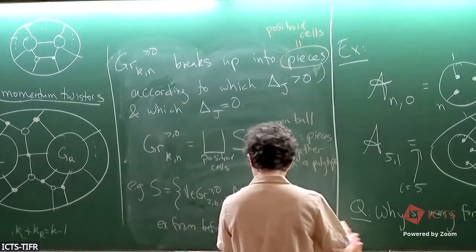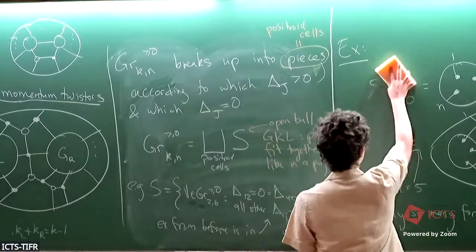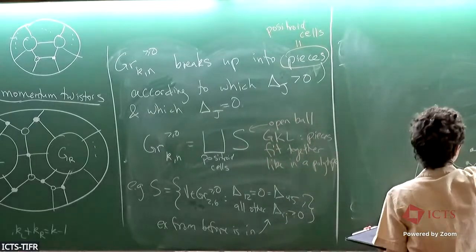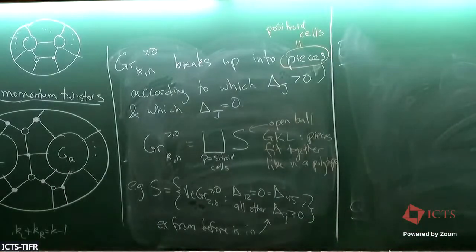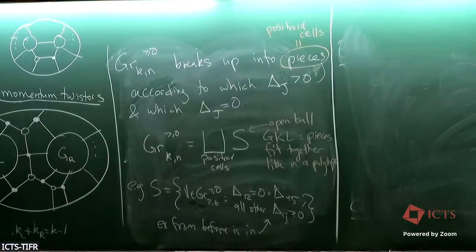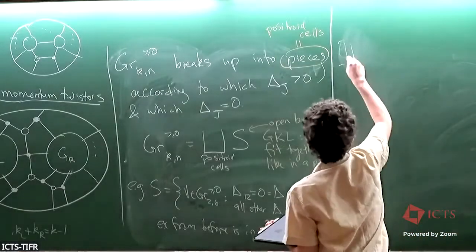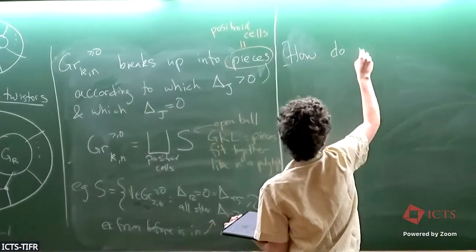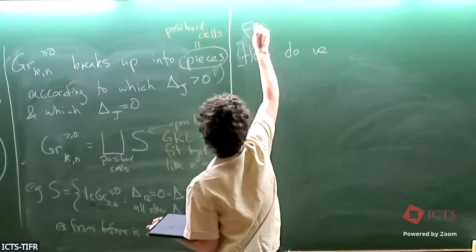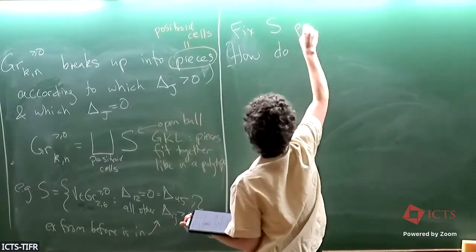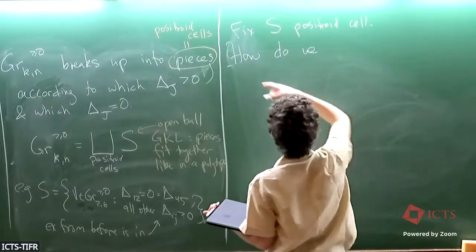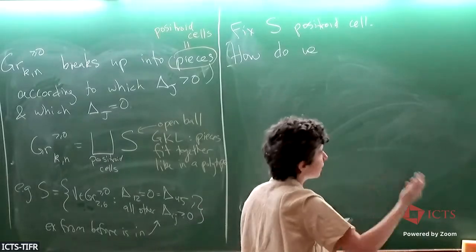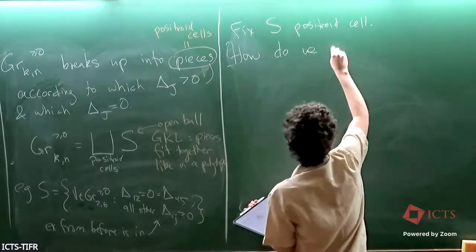Okay, so the question now is, we fix some positroid cell S. How do we obtain, describe, whatever you want?